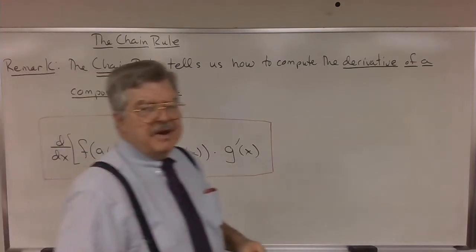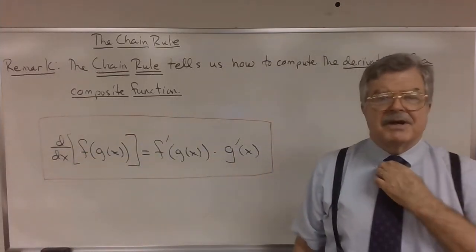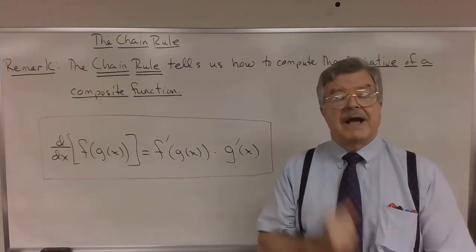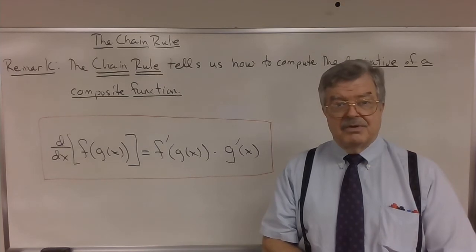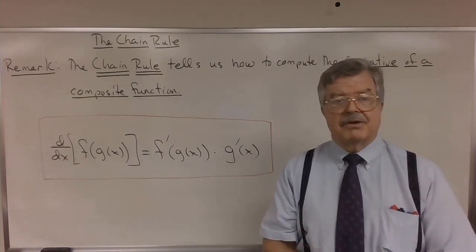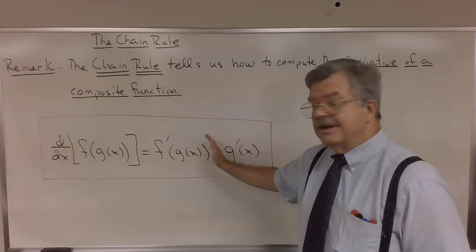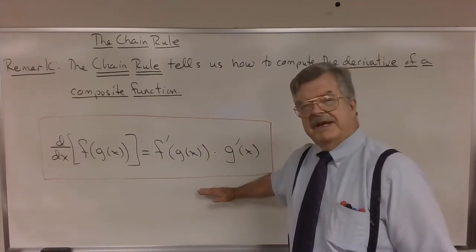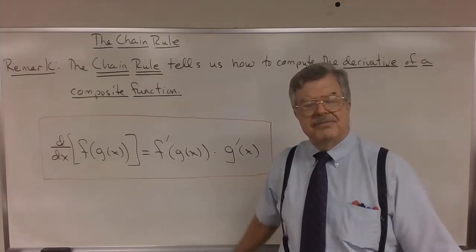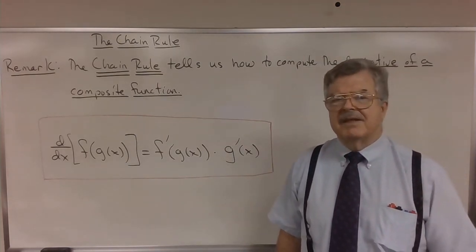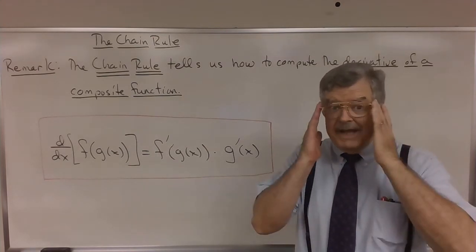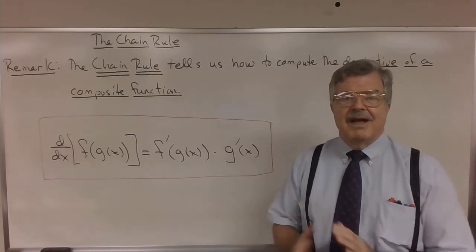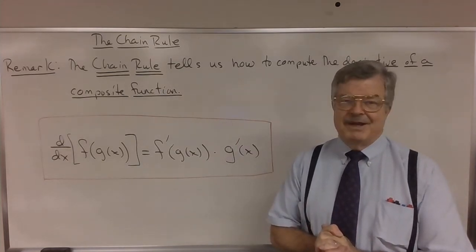And what I'm going to do next is diagram the chain rule, just like we diagrammed the product rule and the quotient rule. This is a biggie. If we don't get this, we're going to be hurting in Cal 1. And if we take Cal 2 and we don't know this, we won't stand much of a chance.